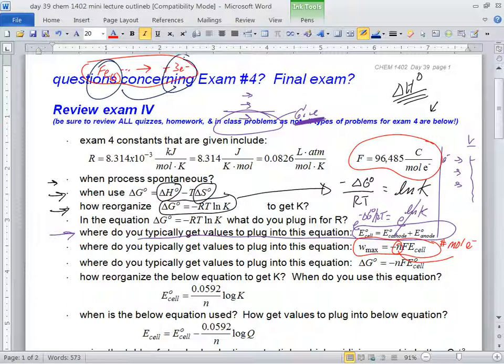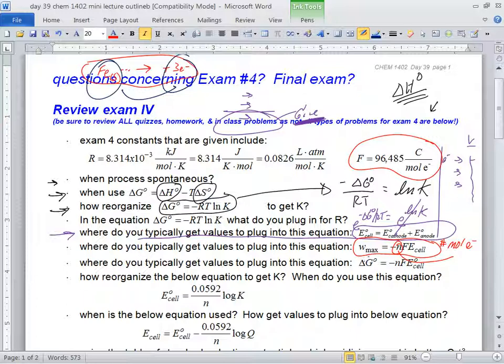Because they're going to say 3 grams of iron were consumed, right? What's W max? The voltage of the battery or whatever is 2 volts. So you know what everything is. You just got to convert those grams of iron into moles of electrons. Plug it in for N, and you get your W. And then, Steph, you don't want to lose a point. You go through all that work. What units do you put on W? Joules. Yeah, it's energy. Work is energy.